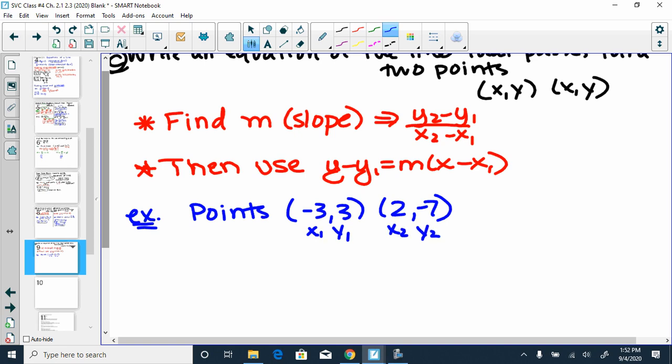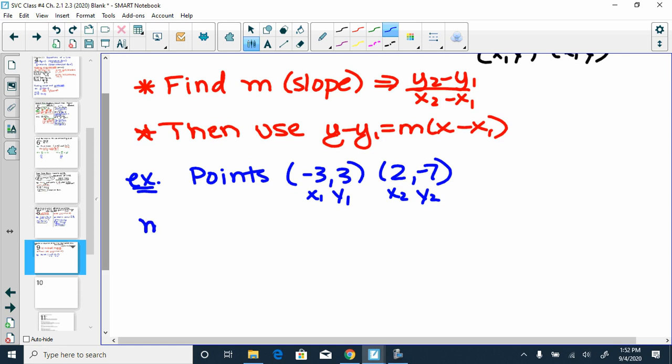So the first step is to find slope, or m. So negative 7 minus 3 all over 2 minus negative 3. Negative 7 minus 3 is negative 10. The bottom becomes plus plus, so 2 plus 3 is 5. So negative 10 divided by 5 is negative 2.